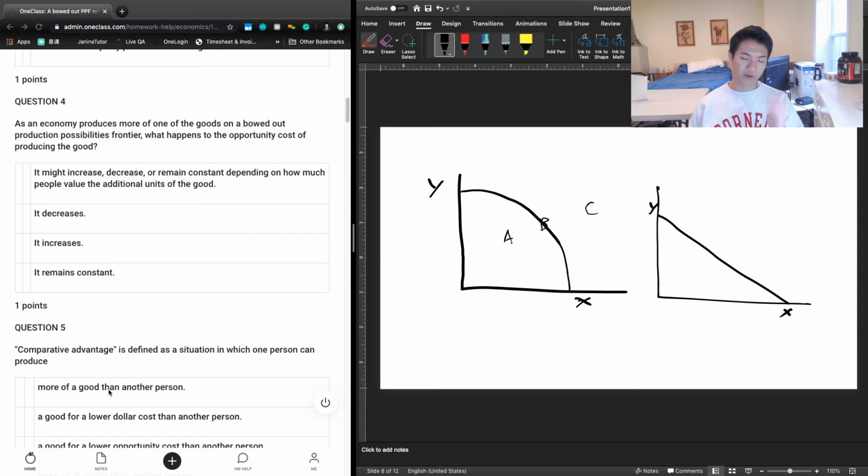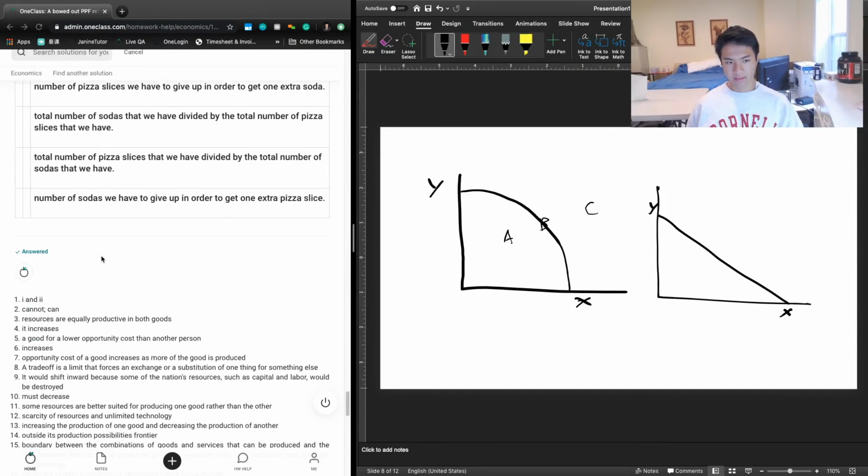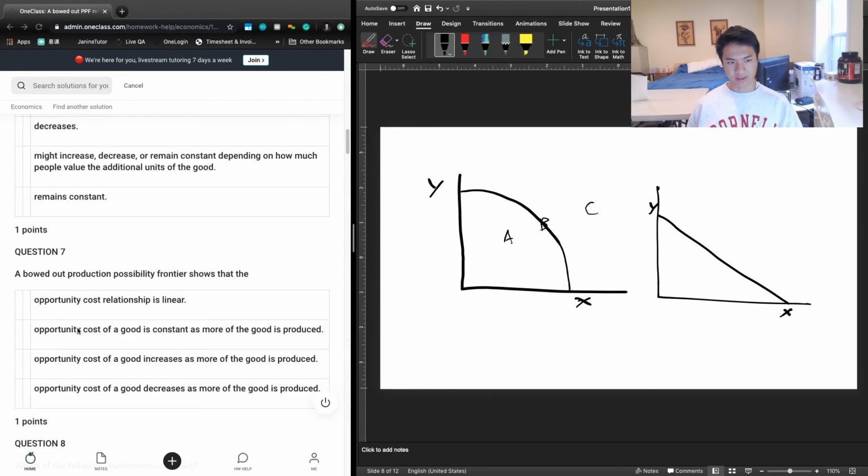Starting from the first unit you produced all the way until the last unit you can possibly produce. And so because opportunity cost consistently increases with a bowed out PPF, then opportunity cost is always going to go up as you produce more of one of the goods. And so it increases is going to be the right answer here. And that is, in fact, the right answer that the previous tutor put, so that's great.